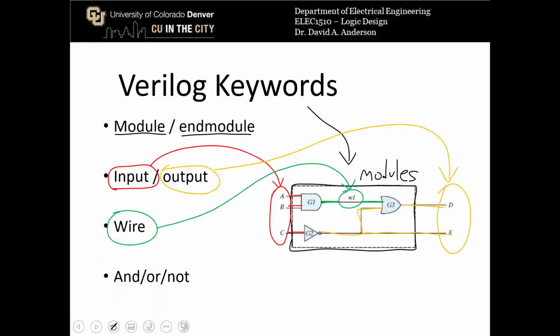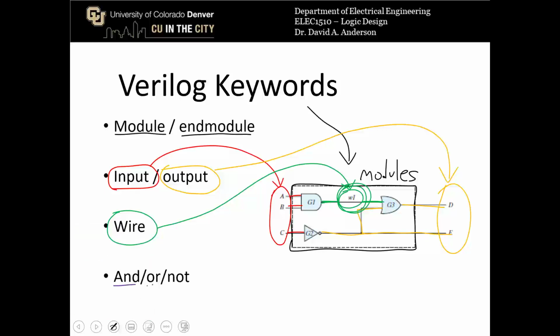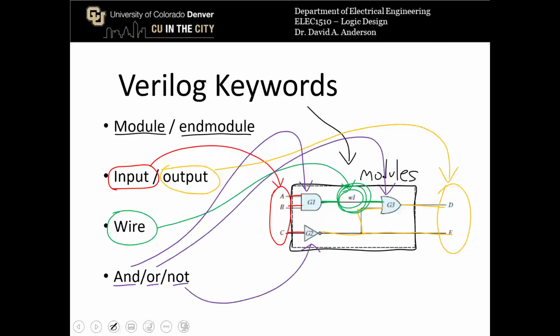So anytime you have a wire in a circuit that is entirely contained within the module, we call that a wire rather than an input or an output. And then the keywords for gates and, or, and not just represent the gates that we are typically used to seeing. And gates, or gates, and not gates or inverters.